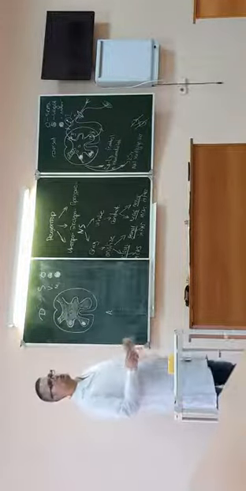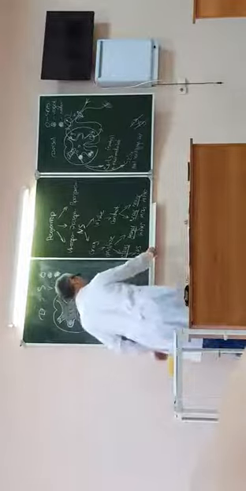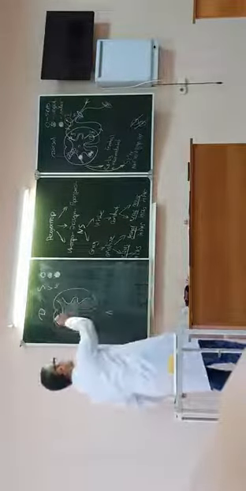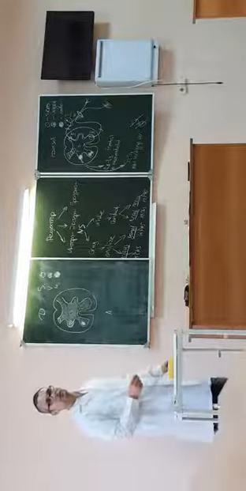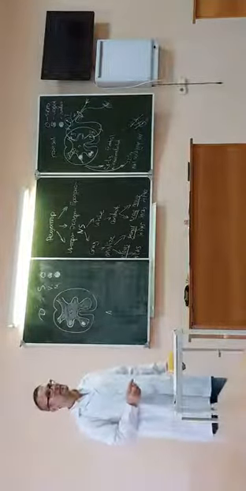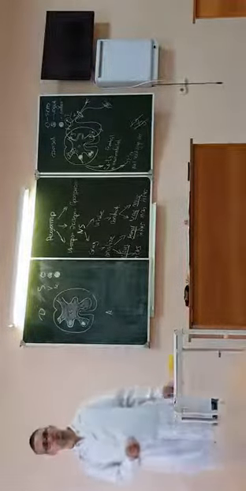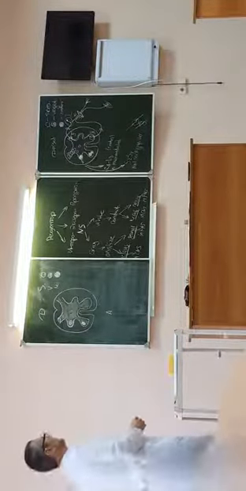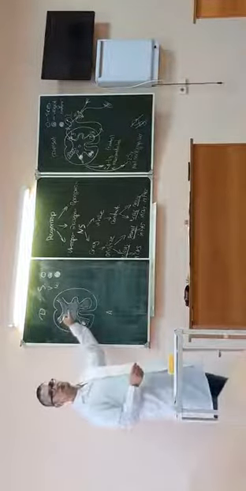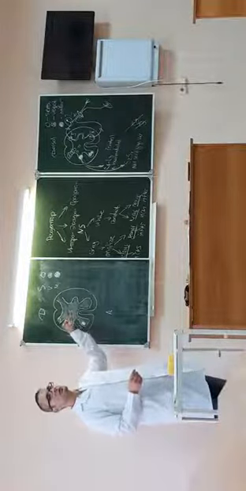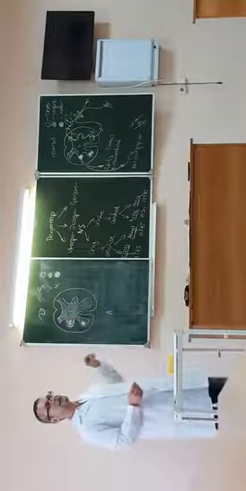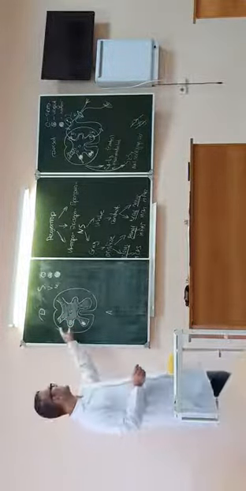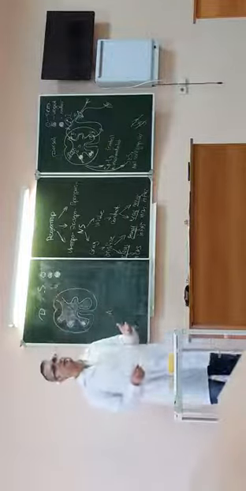Let's begin from the posterior horn. First nucleus, which is localized on the top of posterior horn, is called substantia gelatinosa. And you must know function of this nucleus. Function of this nucleus is tactile sensitivity. This is a sensory nucleus, that's why tactile sensitivity.